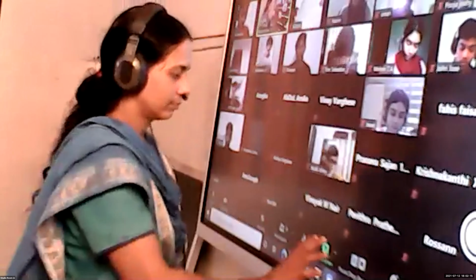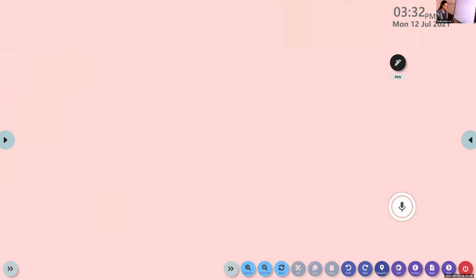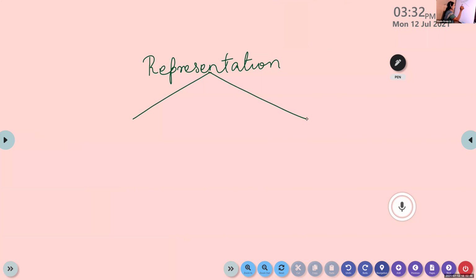Write the heading: Representation of relation. A relation may be represented either algebraically or graphically.